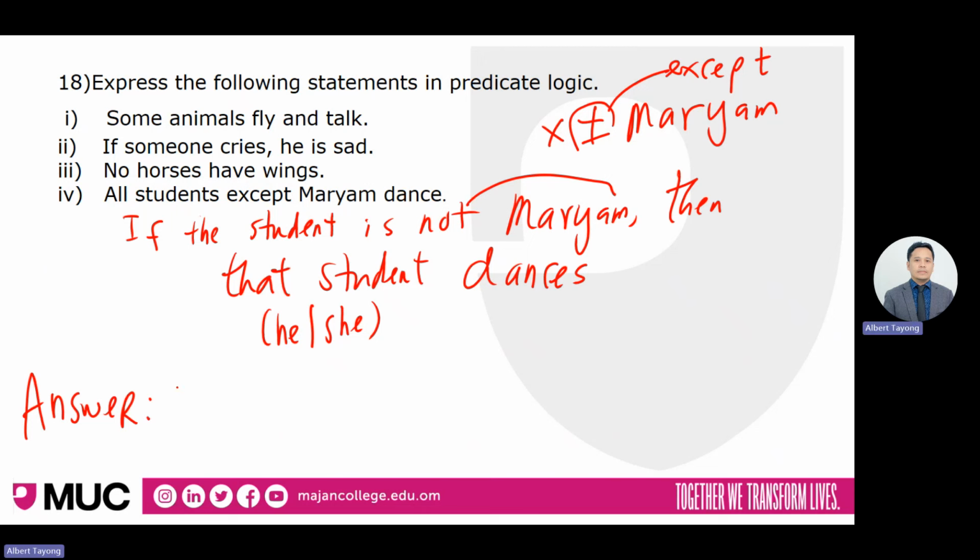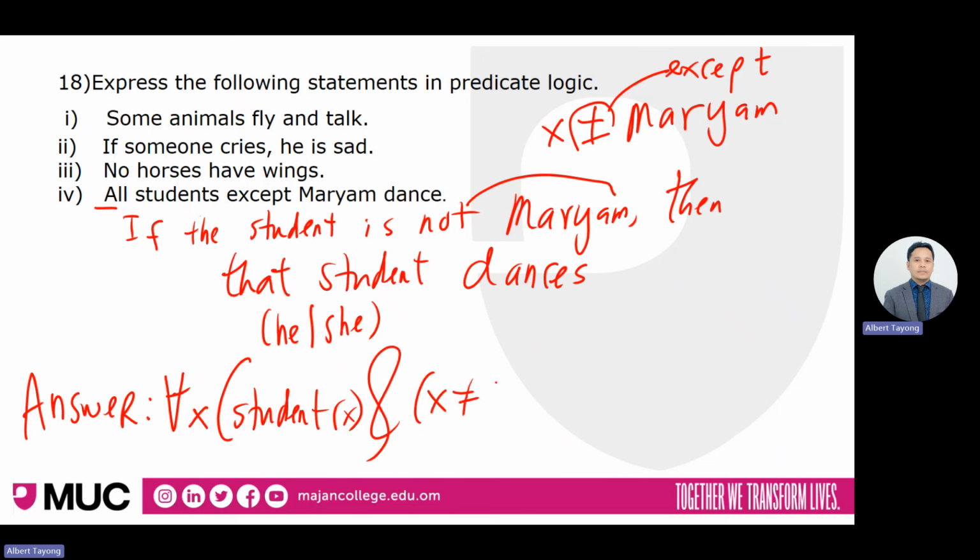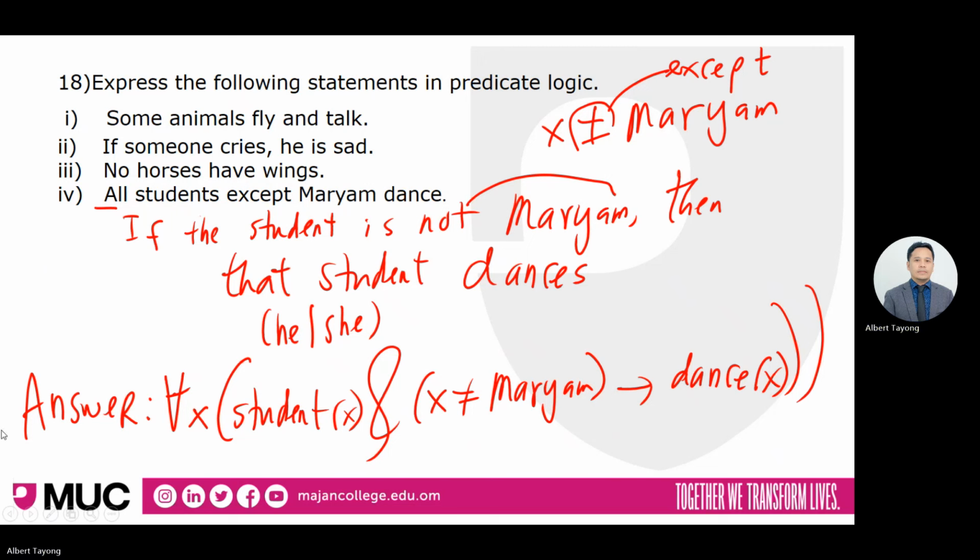Okay, so I'm going to put the answer here. We're going to start with this because all students here. And then we have to define our domain. X is a student and X is not equal to Mariam. Then X dances. Okay. So this means that all students except Mariam dance.